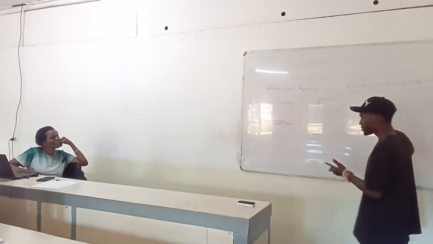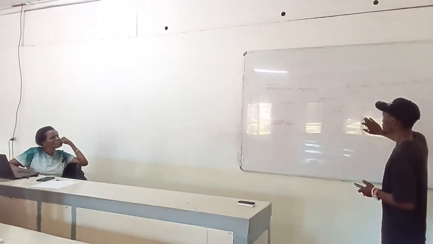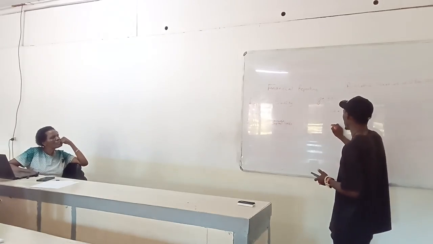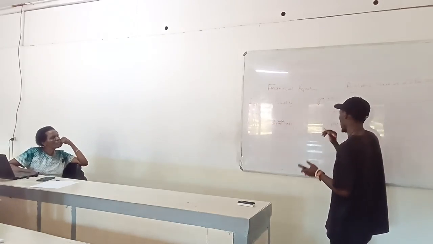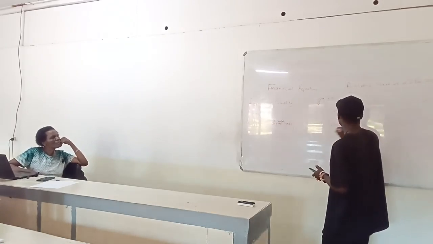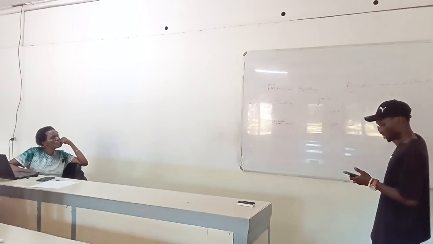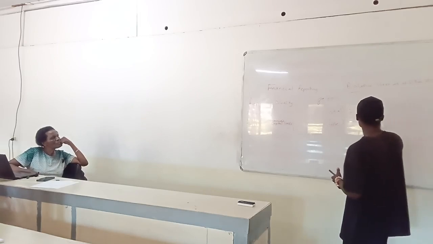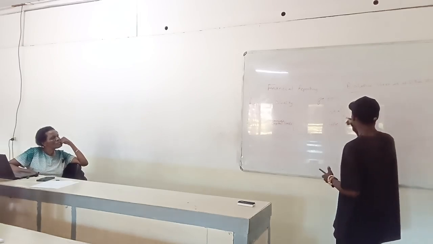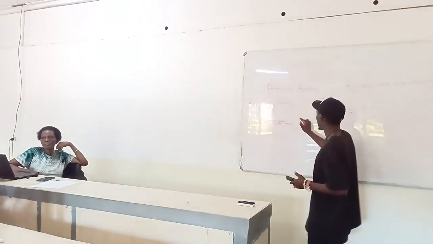That means if this thing depreciated for 1 year, our depreciation might be, I'm just coming up with it, 68,000. Okay, so this is our assets.